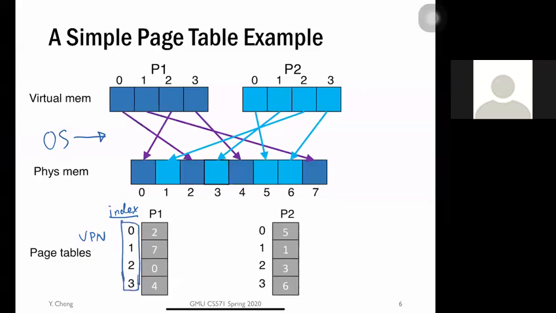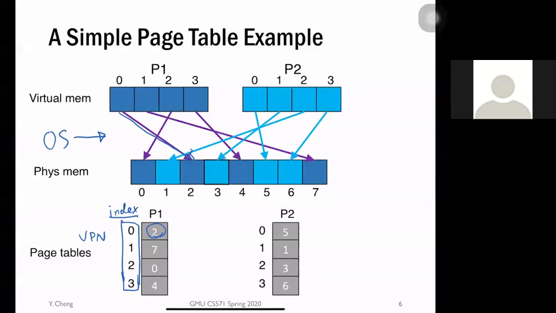So if you want to get the mapping for virtual page number 0, you just consult this page table, and it automatically tells you physical frame number 2 gets mapped to virtual page number 0, as shown in this example as well.